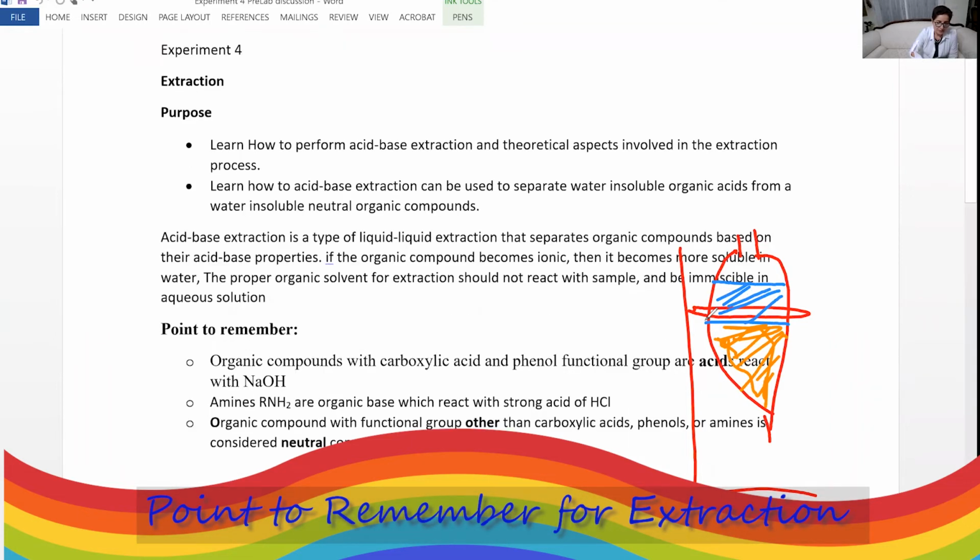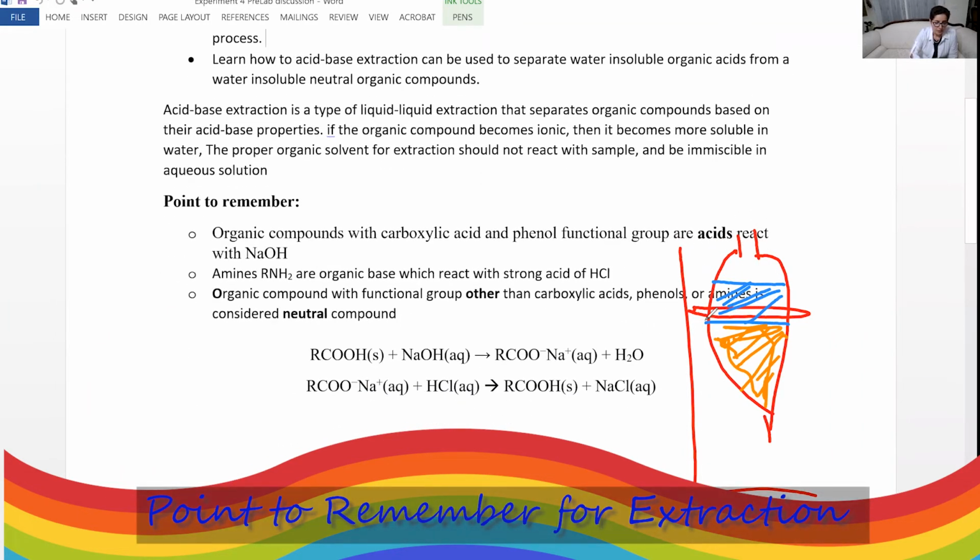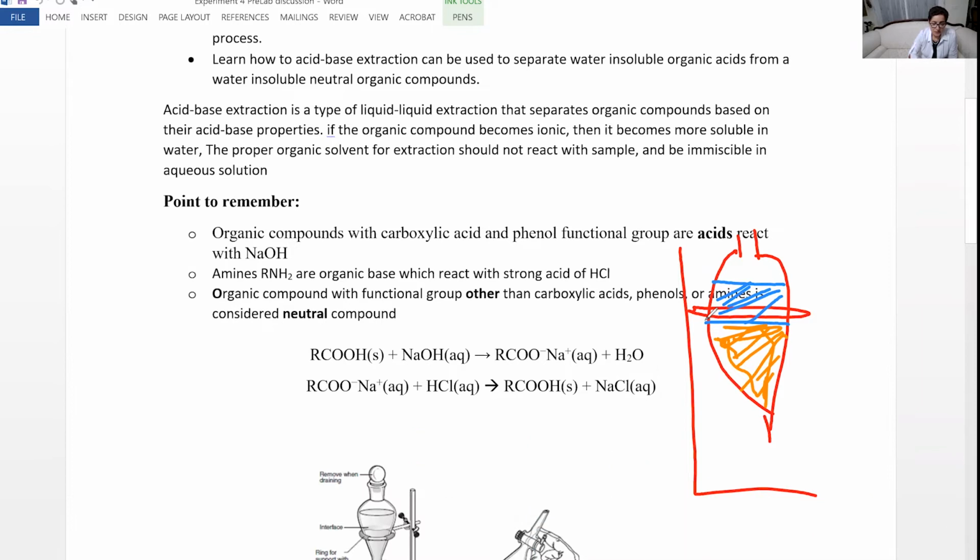Some points to remember. Organic compounds with carboxylic acid and phenol functional groups are acids. So if they have these 2 functional groups, they are classified as acid, and they react with sodium hydroxide. Amines are bases.